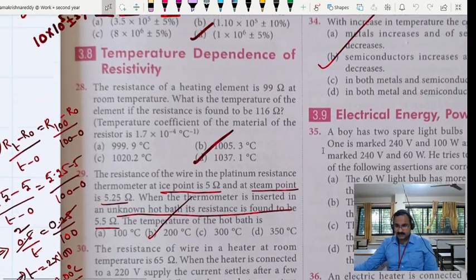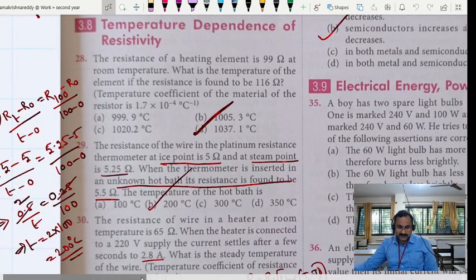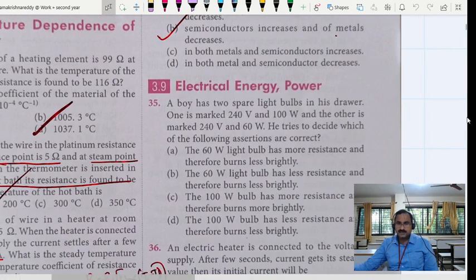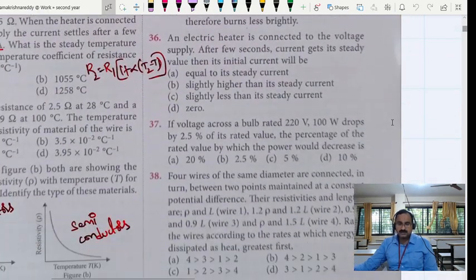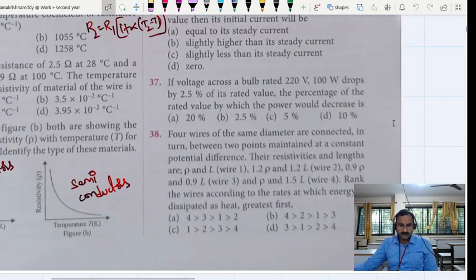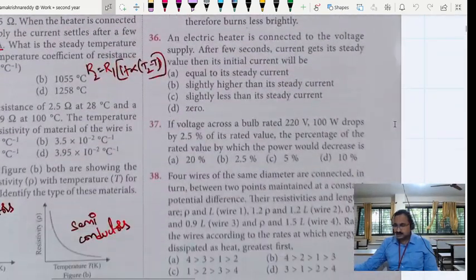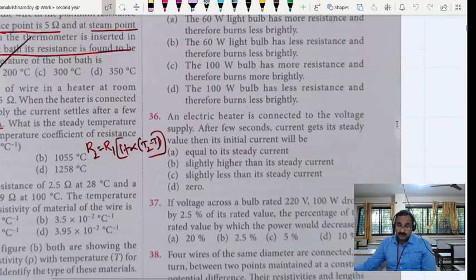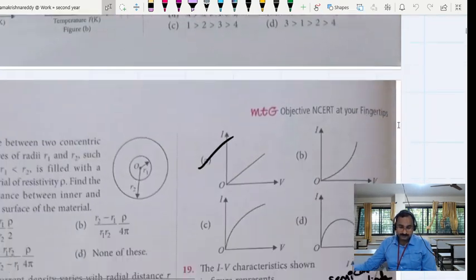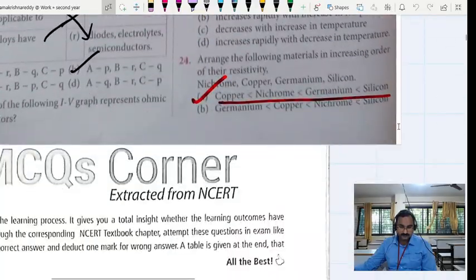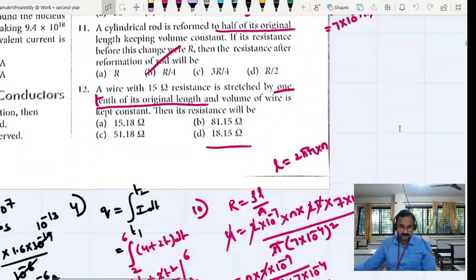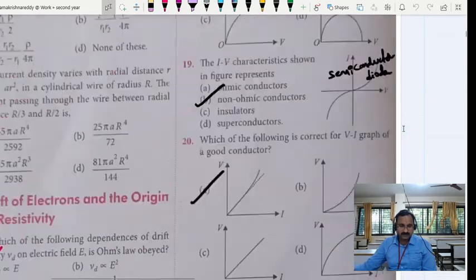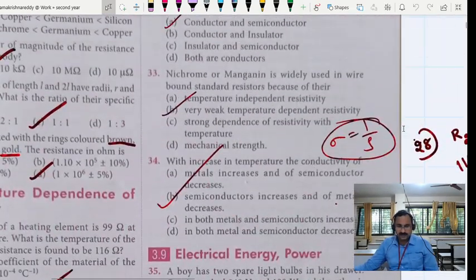Electrical energy and power we discussed previously, but the problems were not discussed, that is also what we are completing today. Up to 38 is there: 35, 36, 37 and 38. Only this much is available with us, so the next page is anyhow there, we can solve that.